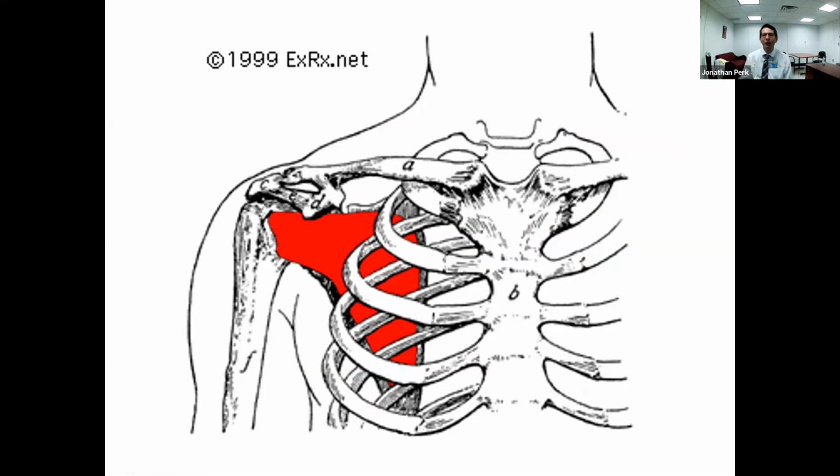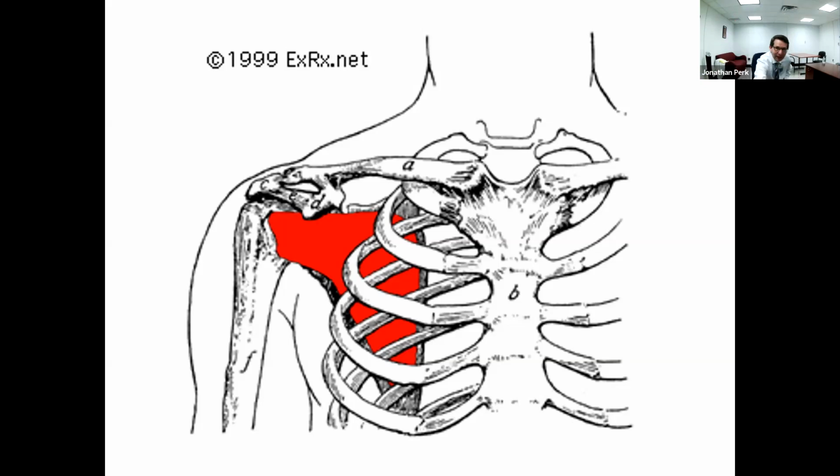Okay, so now look at me, and I'll try to show what's going on here. Imagine, so here's my subscapularis, okay? And it's connected here in the inside of the humerus. When it contracts, it pulls inwards.